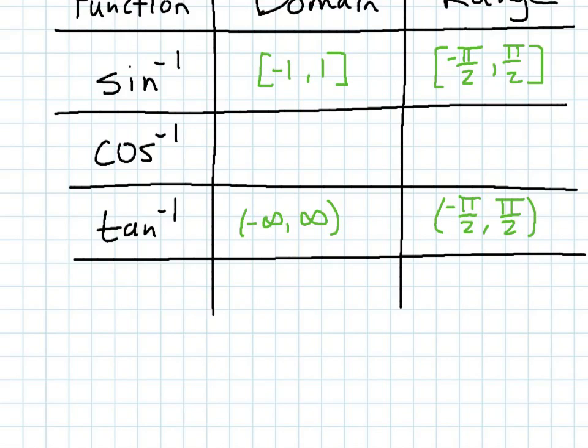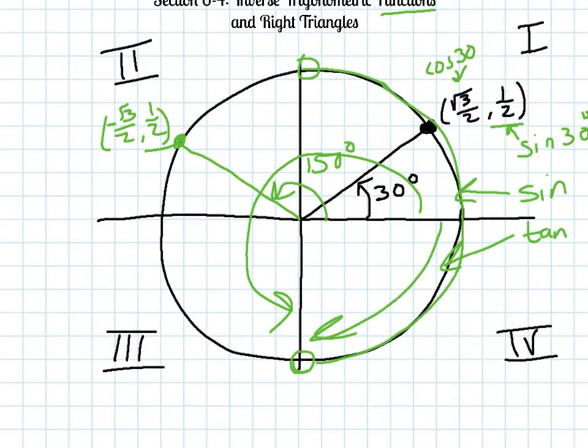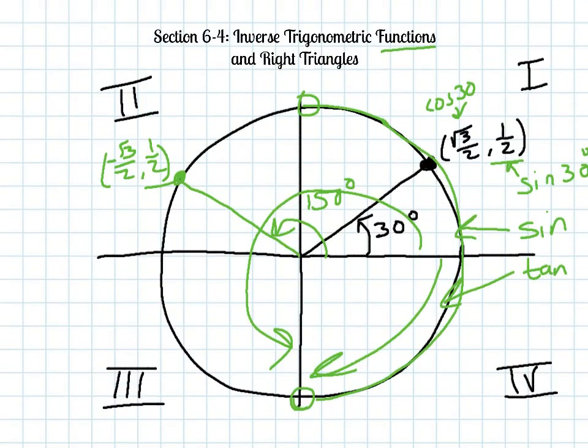And then cosine is different, because cosine is talking about the x. Sine is talking about y, so we want to be able to go up and down. Cosine's talking about x, so I want to be able to go right and left. So then I'm going to restrict cosine to the second and the first quadrants.